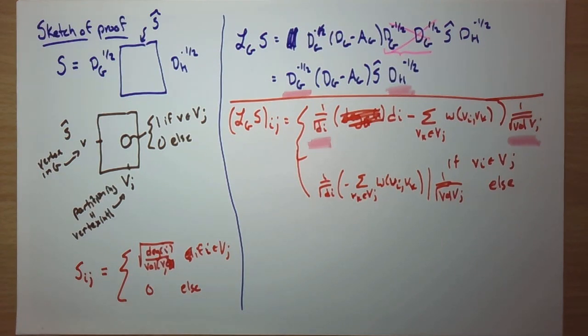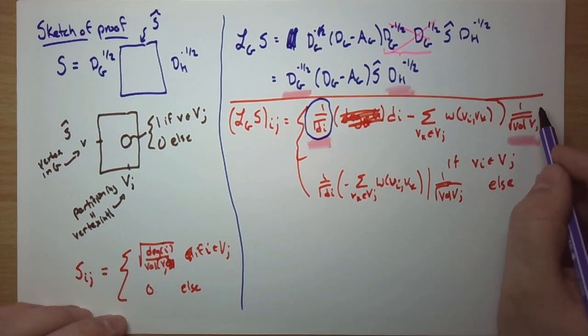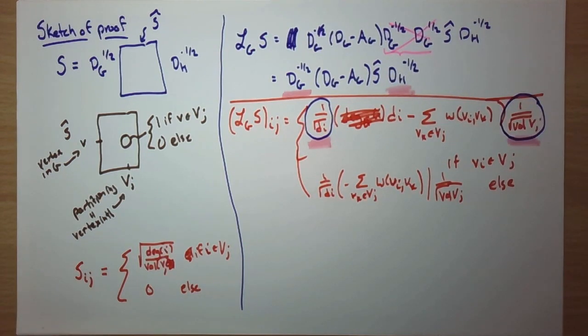Okay. So, I want to look at these two pieces together. The claim here is if v_i is in v_j, there is a connection between these two pieces.